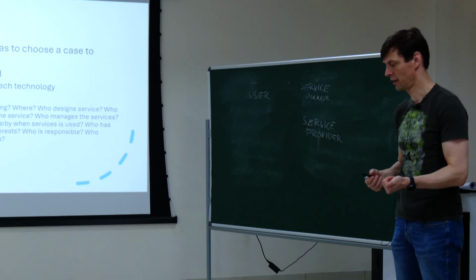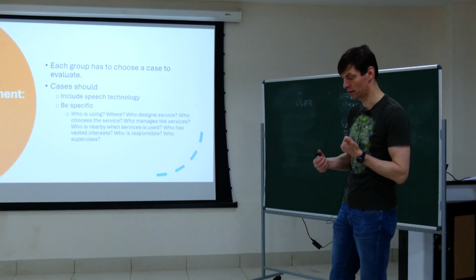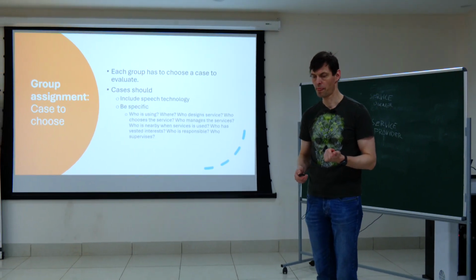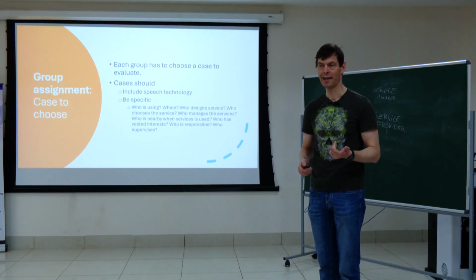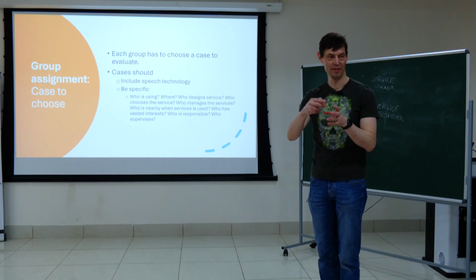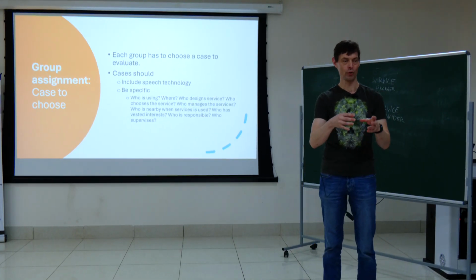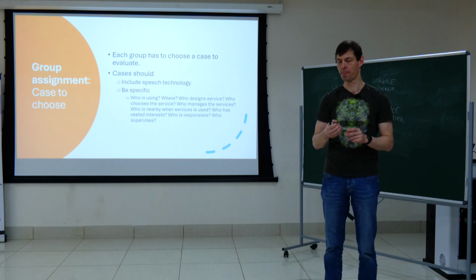Examples which I've used before: the migrant scenario is one. I've also used the example of an old person, an elderly home, where they could have speech assistants in their own rooms in elderly care.